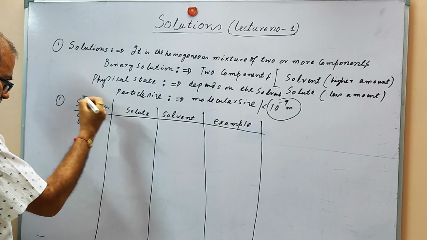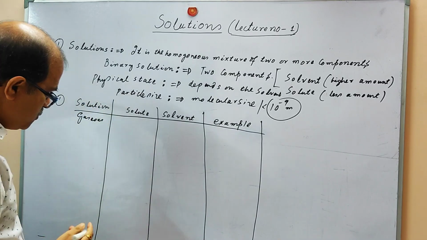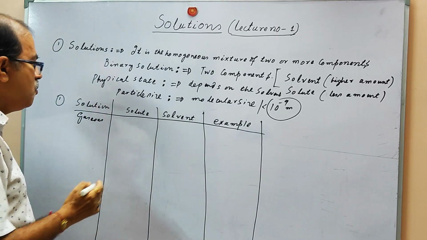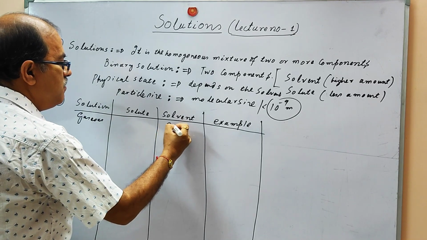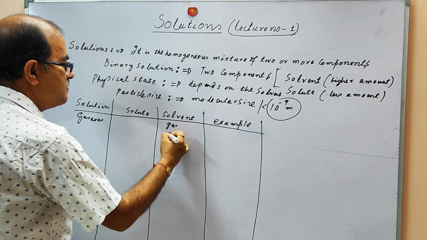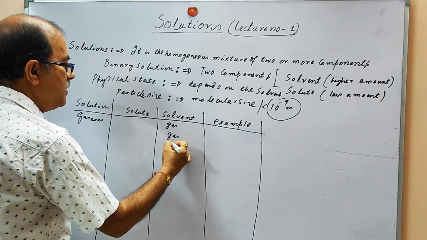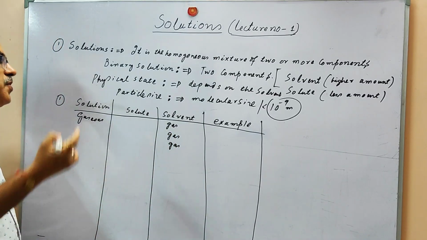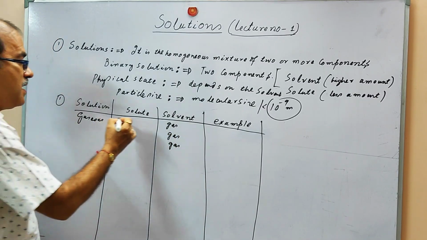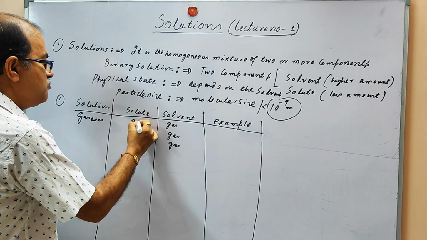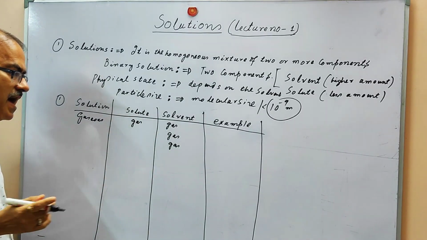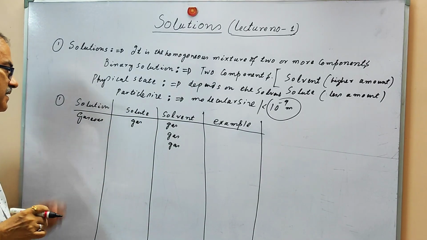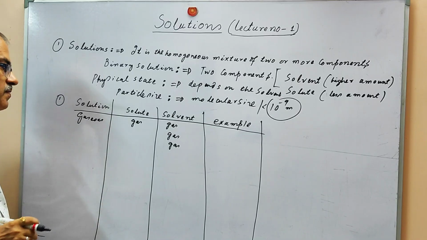First, we understand that in a gaseous solution the solvent will always be a gas, and we can change the solute. When gas is a solute and gas is also a solvent, the solution will be a gaseous solution.